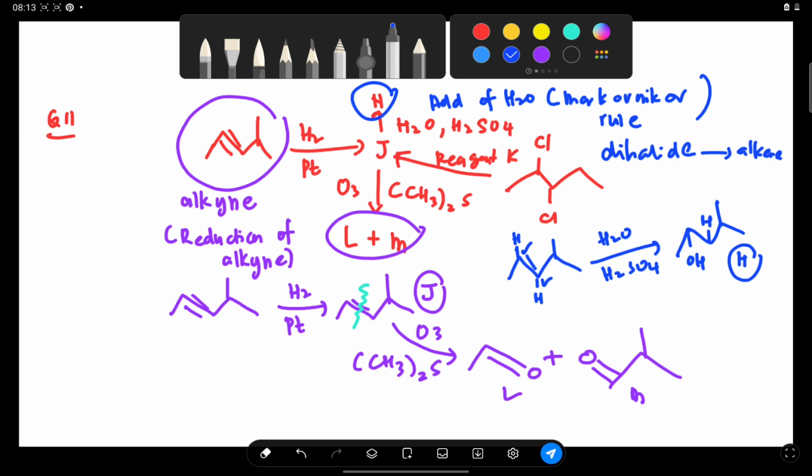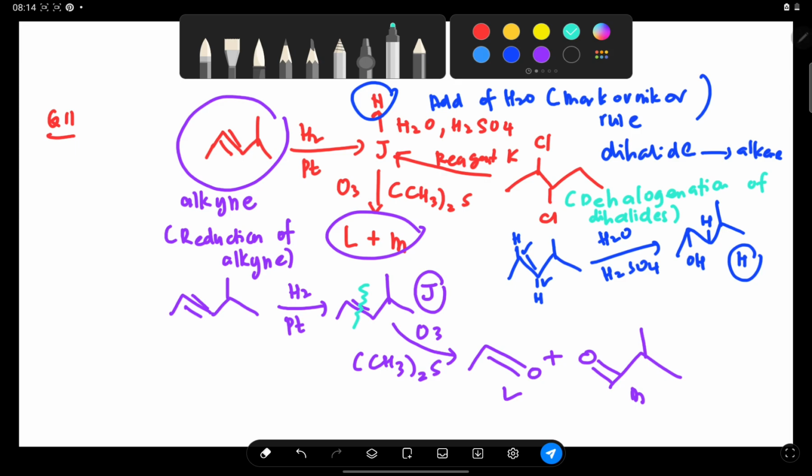So the method of preparation here is dehalogenation of dihalides.